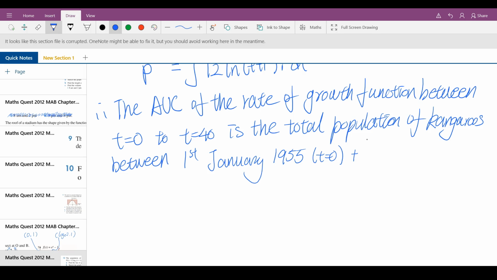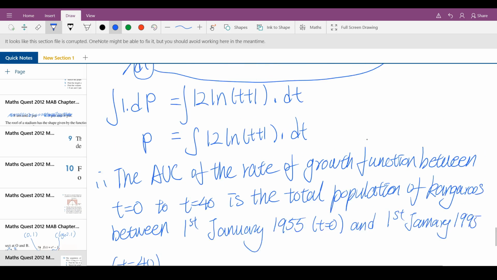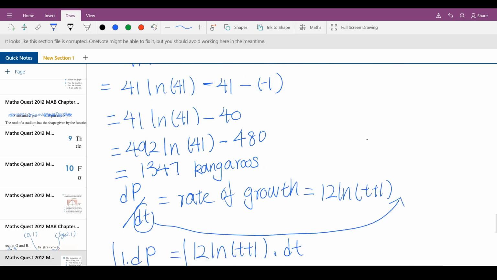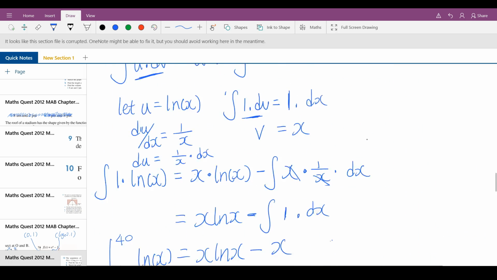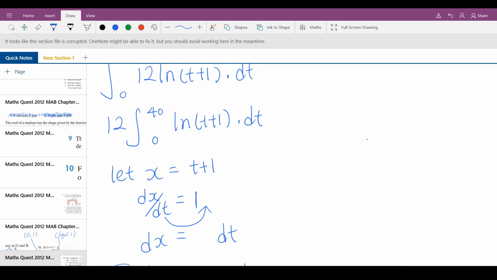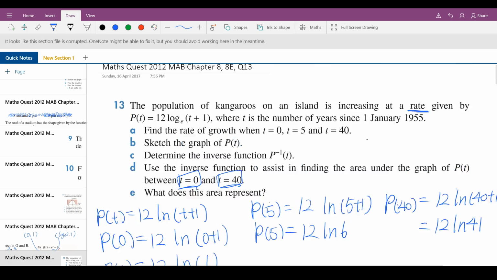And 1st of January 40 years later would be 1995, where t equals 40. So between, yep, that's it. That's the answer. All right, so there's 1347 kangaroos between 0 to 40 years, in 40 years time. So okie dokie.